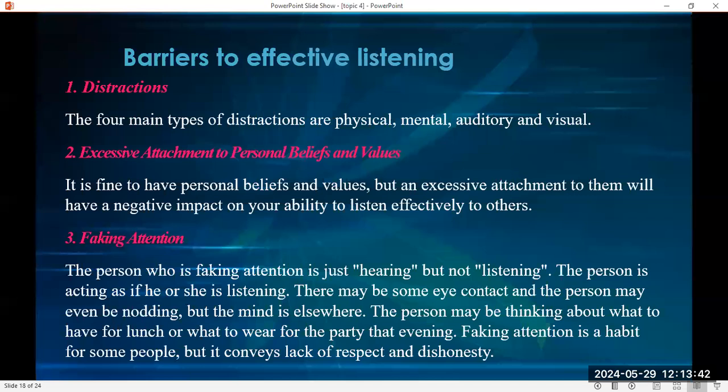Excessive attachment to personal beliefs and values. For example, you'll find a person from a certain culture who is so much attached to their culture that even if you tell them the truth, they dismiss it.